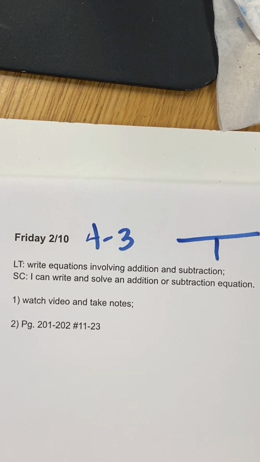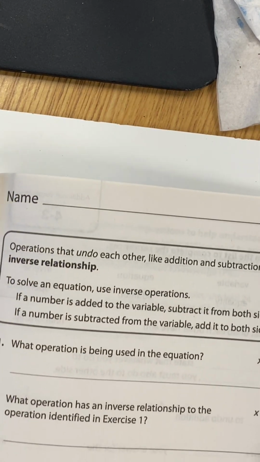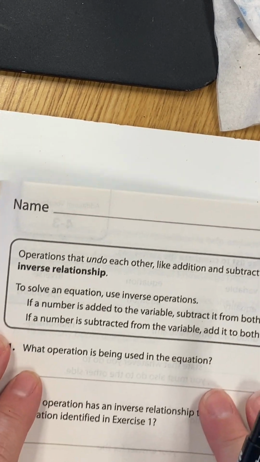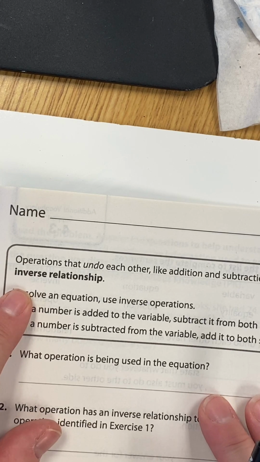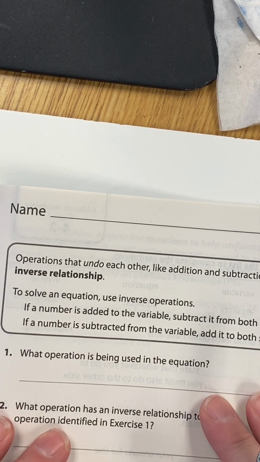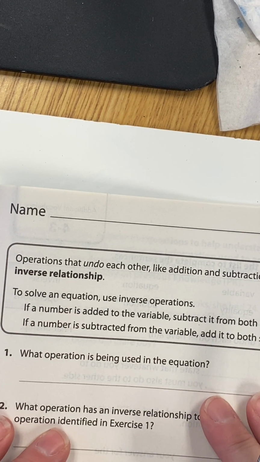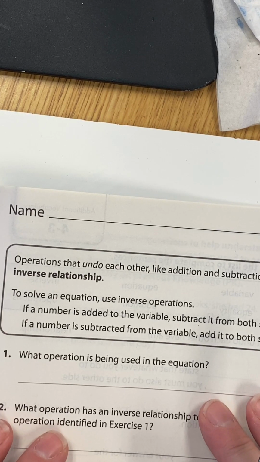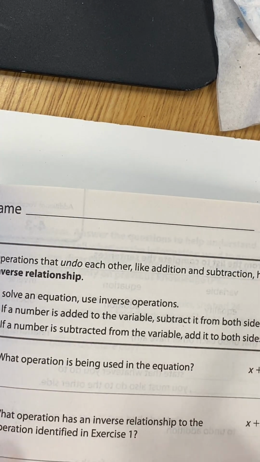So we're going to start off today with, I know you love it, some vocabulary. We want to talk about an inverse relationship, and it just means it's the operation that undoes the other one. Just like in order of operations, addition and subtraction, I always say they're cousins or brothers and sisters, but they work to balance each other out.